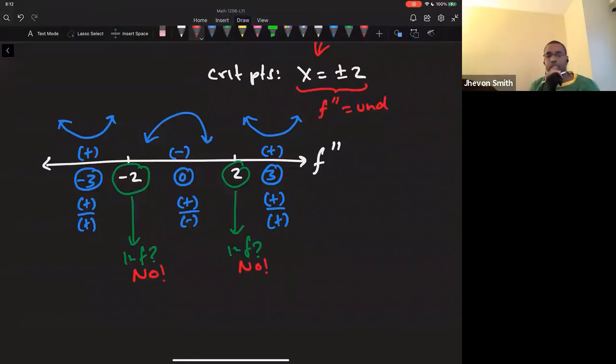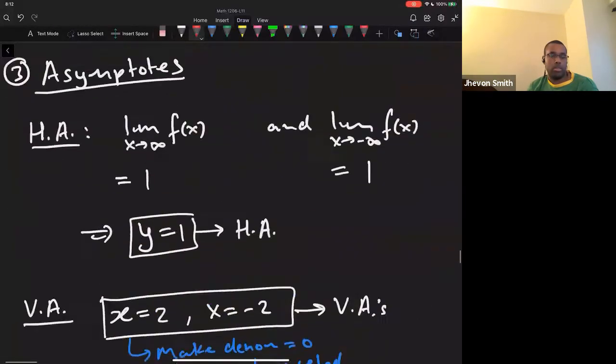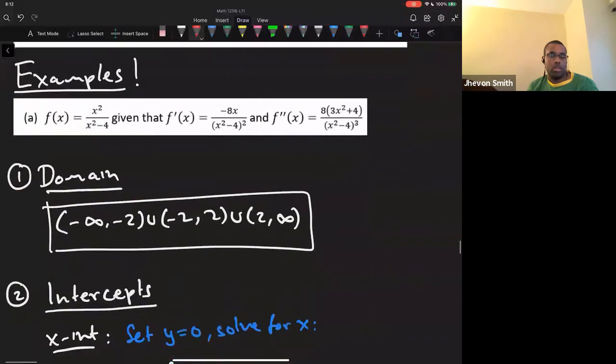Do you see why it's no? Maybe there's an asymptote. Is there? If you go back up to the domain, look at that. -2 and 2 are not in the domain. Yes, it is an asymptote. In fact, it's a vertical asymptote.